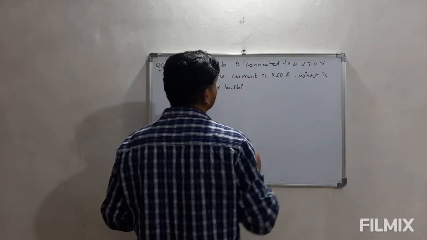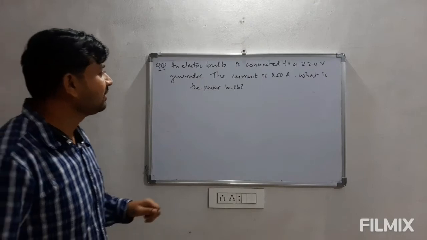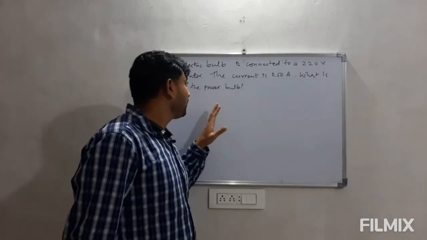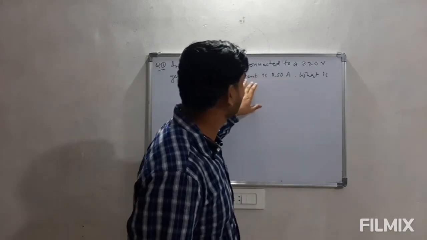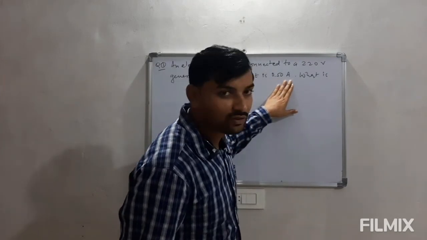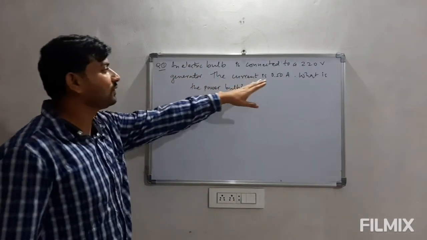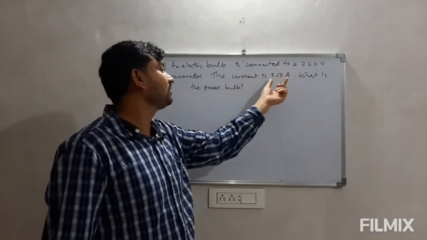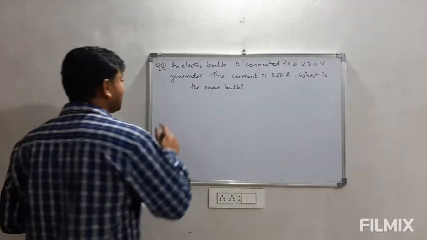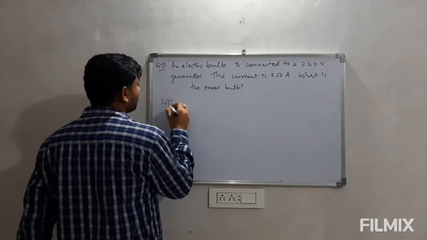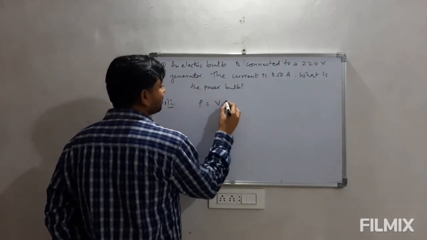See, here the bulb is connected to a 220 volt generator. When the bulb operates, the current coming through the source is 0.50 ampere. Whatever current is flowing through the source is just because of the power of that appliance. So from here we can calculate the power of that bulb using the relation power equals VI.